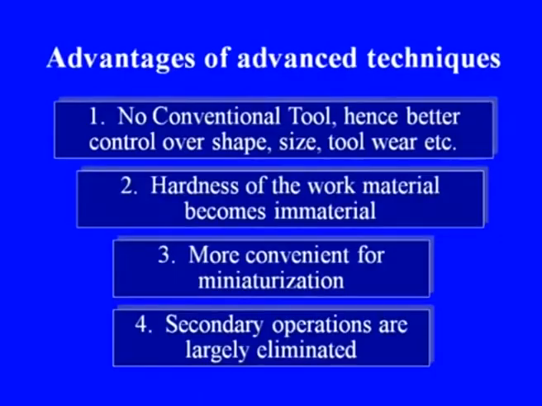Let us now identify some major advantages of advanced manufacturing processes. Number 1, no conventional tool, hence better control over shape, size, tool wear, etc. Number 2, hardness of the work material becomes immaterial.